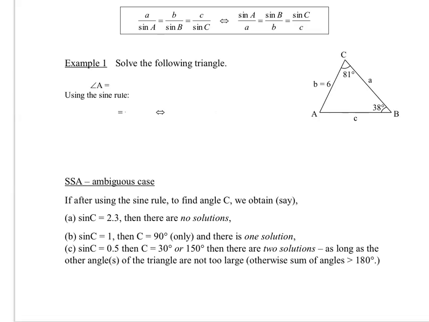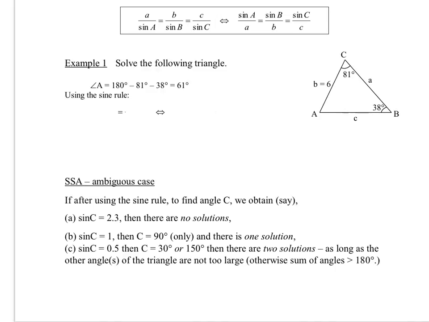So angle A, the angle that's missing, is going to be equal to 180 minus 81 minus 38. So all we're doing is subtracting these two angles here from 180 because the angles in a triangle should add up to 180. And we'll get this angle down here. So I hope that then gives us 61 degrees.